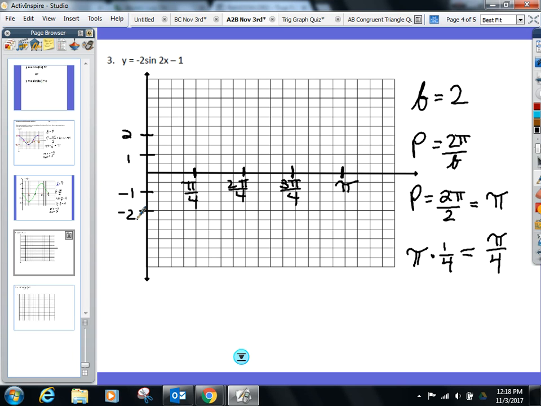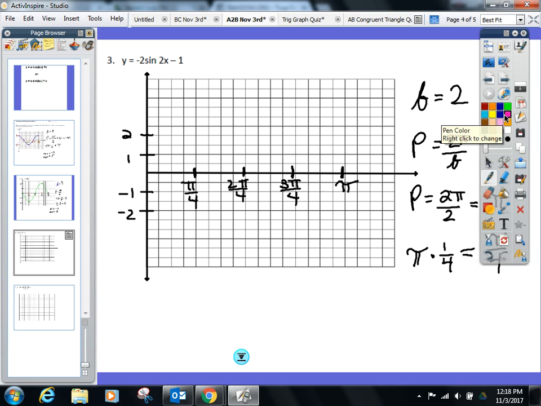I know it's going to go from -2 to 2. There's a negative in front, so watch out.